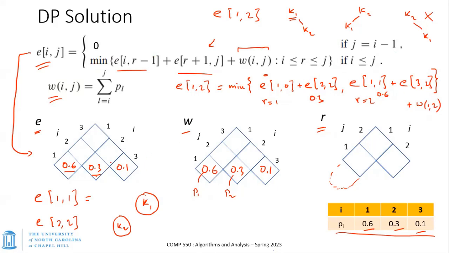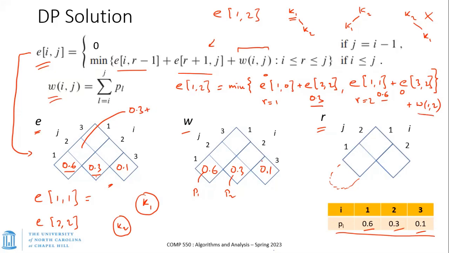E3 comma 2 is this value over here, which is 0. Okay, so basically taking the minimum of 0.3 versus 0.6. Taking the minimum of these two, 0.3 is clearly the smaller one. And so the value of this particular element here is going to be 0.3 plus weight of 1 comma 2.